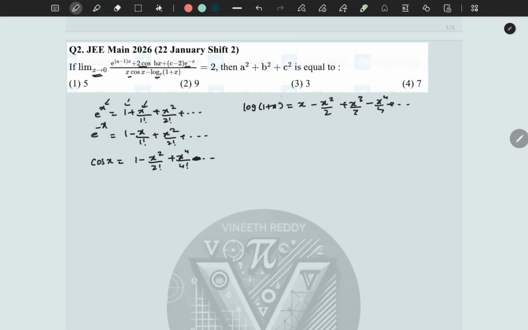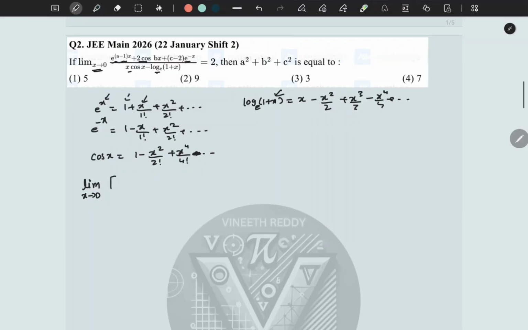How do we know whether this is correct or wrong? Replace again x with 0. We get log 1 is 0 on the left hand side, and on the right hand side, replace x with 0, we get 0. Perfect. That means now the given question can be written as limit x approaches 0. Instead of e power (a minus 1) times x, we can write 1 plus (a minus 1) times x divided by 1 factorial plus ((a minus 1) times x) whole square divided by 2 factorial and so on, right?